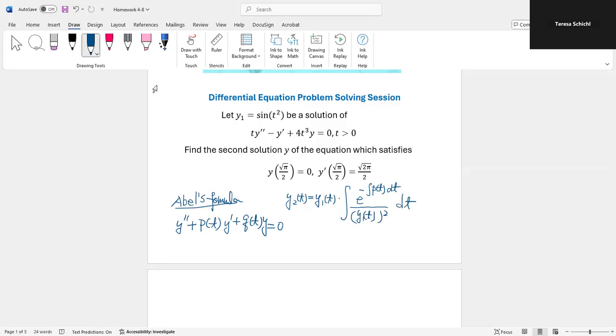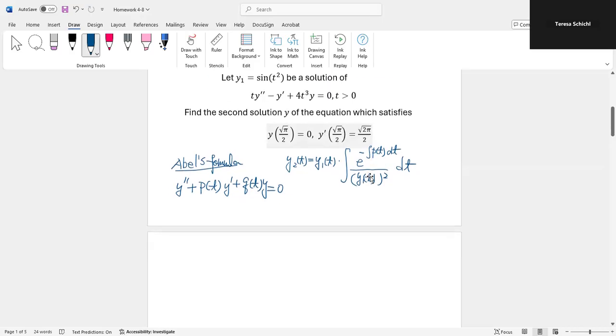So this is Abel's formula I'm going to use to solve this problem. Okay, let's go ahead and get started.